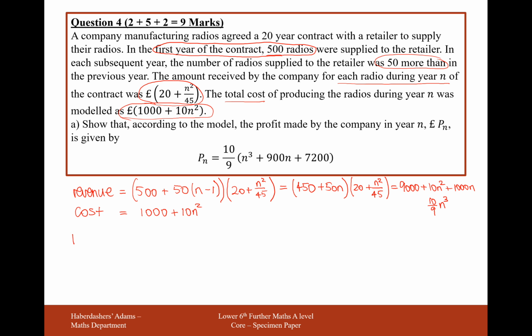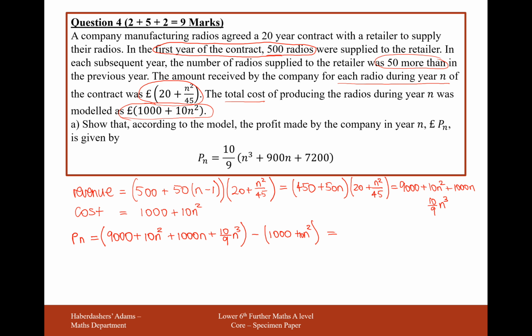So profit Pn is going to equal 9,000 plus 10N squared plus 1,000N plus 10 over 9 N cubed, take away the cost, 1,000 plus 10N squared.